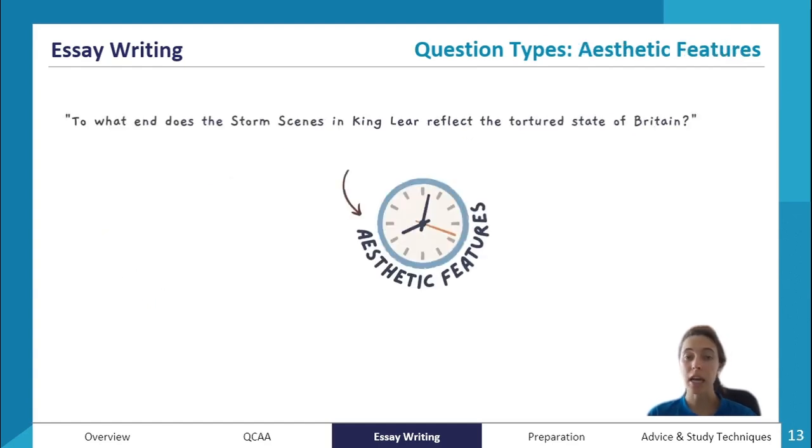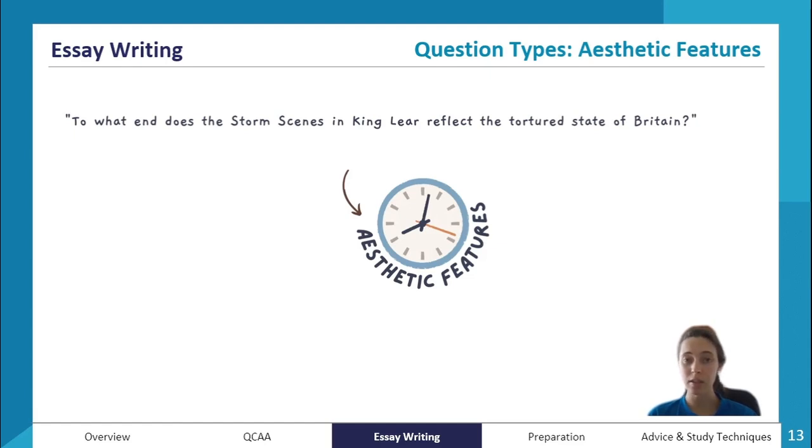Next up, we have aesthetic features. Now, we may not really understand exactly what these are, but it's a pretty wide kind of term. So it can include all of your figurative language, similes, metaphors, personification, things like that. And it can include a whole range of other different types of strategies as well. So thinking widely about aesthetic features is the best strategy. And you can have a look at what aesthetic features are, some examples of that.